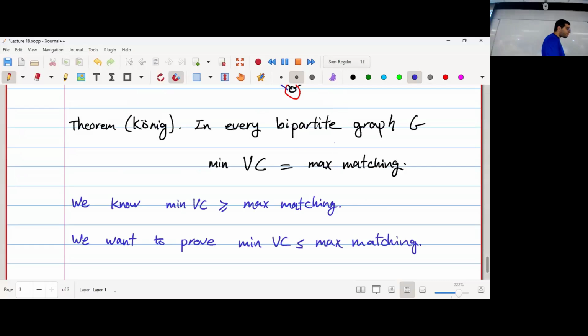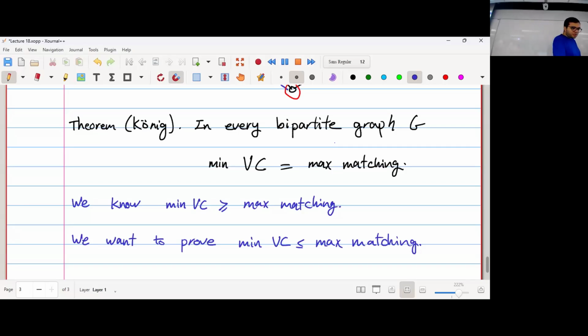Okay. How can I do this? Basically, what I want to do is find a matching and a vertex cover of the same size. Because if I find that, then the matching is definitely a maximum matching and the vertex cover is definitely a minimum vertex cover.